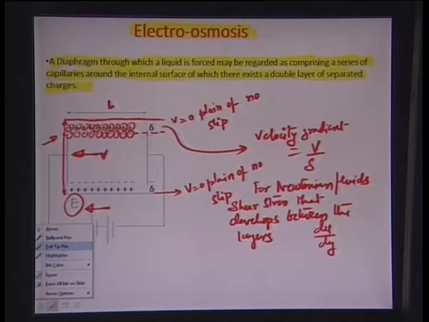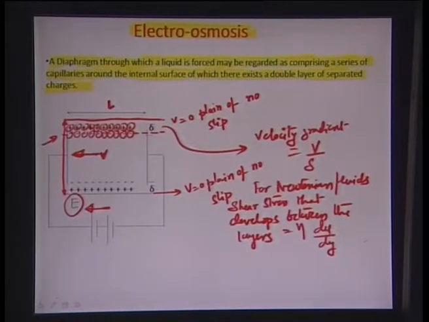Let me write this a little more clearly: viscosity into the velocity gradient. So, let us think about this case here where this particular Helmholtz layer has started moving. Before it starts to move, it would have to undergo the necessary shear stress to create this velocity gradient V by delta, right.